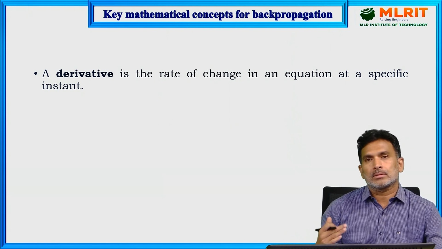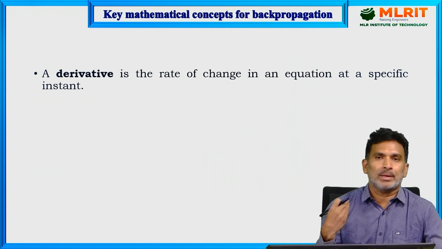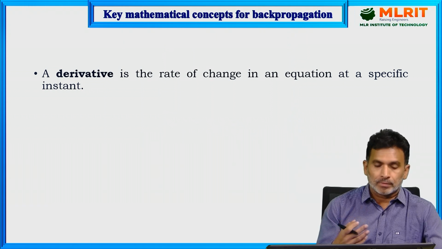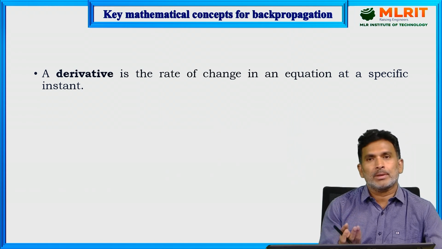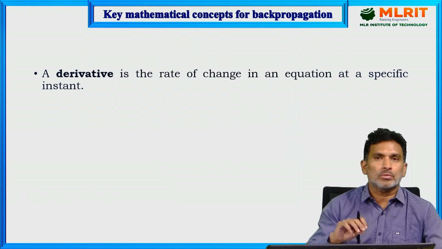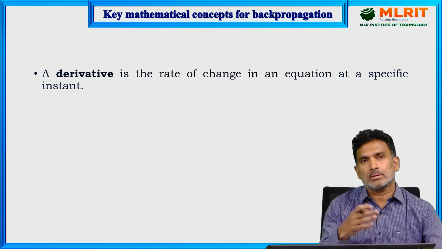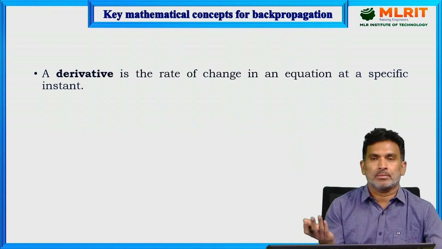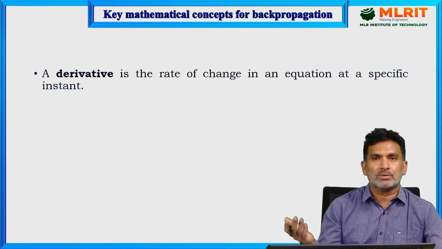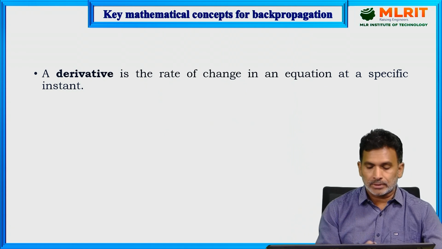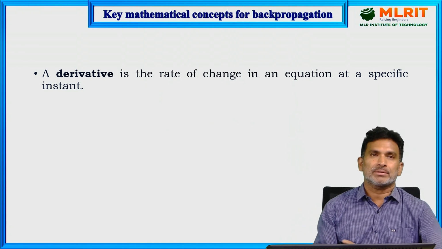Because we cannot just make a constant change. So what amount of change needs to be done, so that the predicted output should match the actual output? How would the tuning be done? That is the rate of change in an equation at a specific instant.